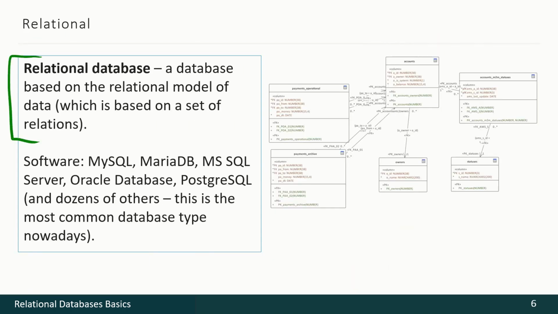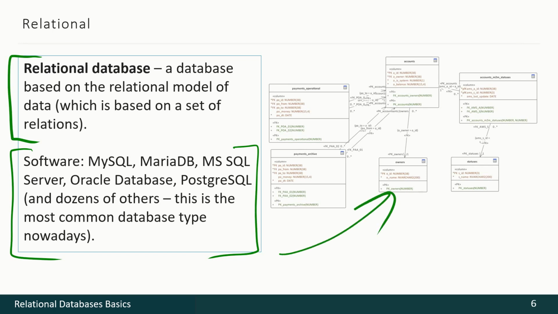Relational databases are the most common. We have a lot of software for relational databases processing. And why is that so? Because relational databases and relational database management systems are the most unified, the most universal ones. They allow us to solve a huge variety of problems.